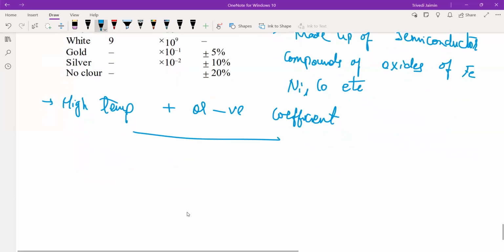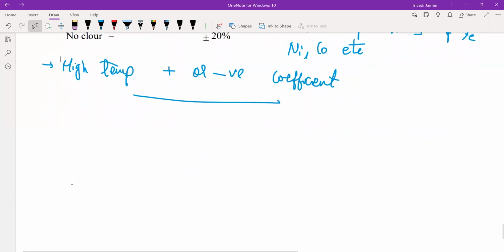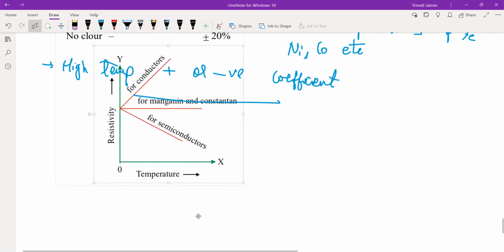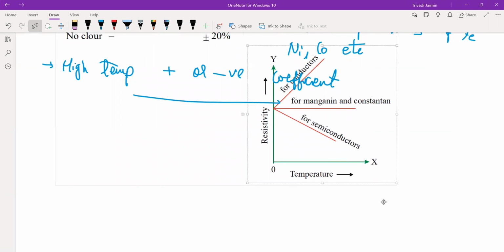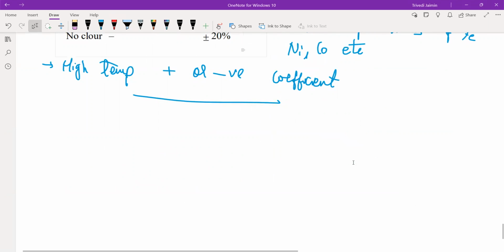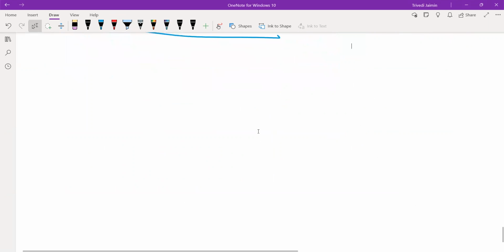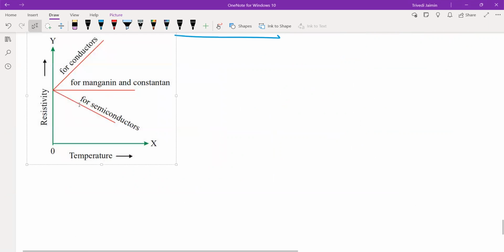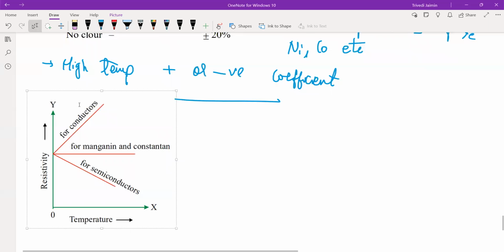Resistivity and temperature graph. So what do you observe here? See carefully. Till then, let me write the formula.